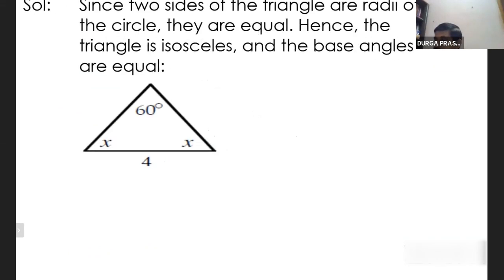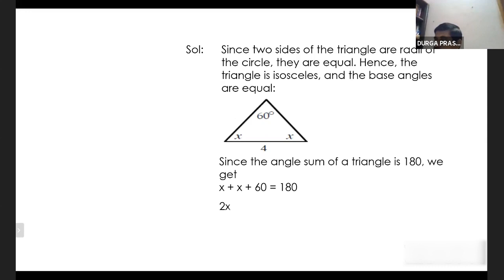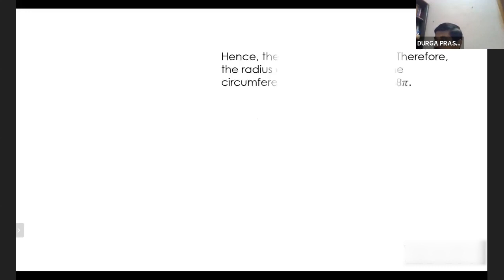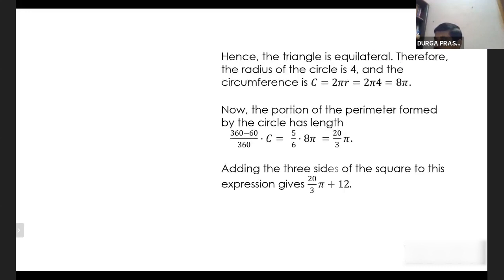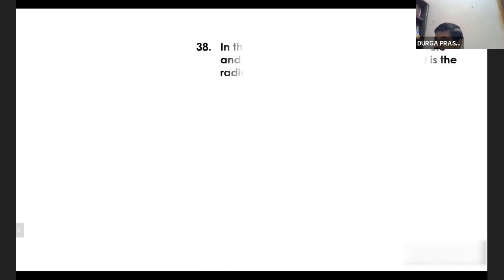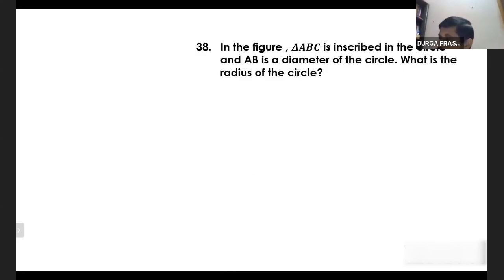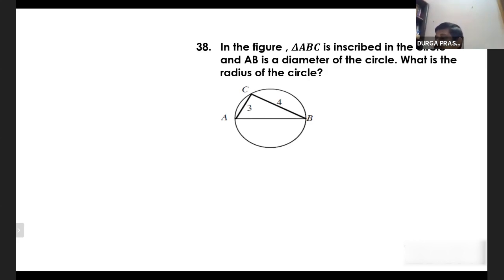Let us go to the next question. In the figure, triangle ABC is inscribed in the circle. AB is diameter, so this is 90 degrees. So AB is 5 units.